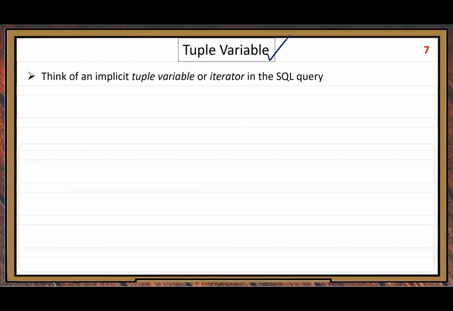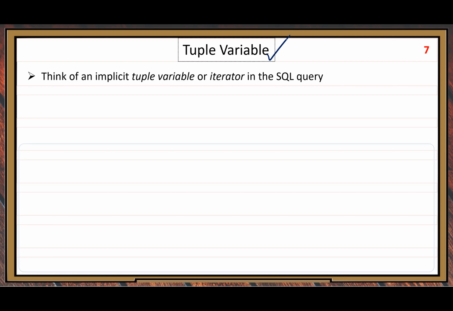Think of an implicit tuple variable. It's not visible, it's implicit. Or think of it as an iterator in a SQL query, because you need to go through all the tuples from beginning to end. You can treat it as an iterator, just like a for loop.